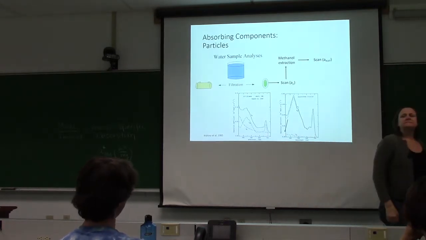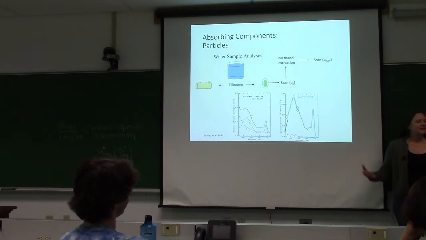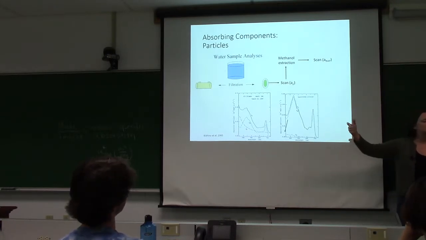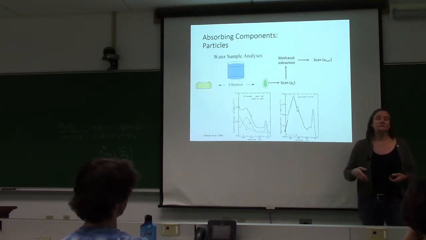Is that a surprise that organic matter in a particulate form and organic matter in a dissolved form have a similar absorption? It was not a surprise to me. It's not a surprise to Eric. Because there's a continuum of size, right? There's a continuum of living organic matter to dead organic matter to colloidal organic matter to dissolved organic matter. And so we would expect that the molecules that are responsible for the absorption are going to be the same across that material.